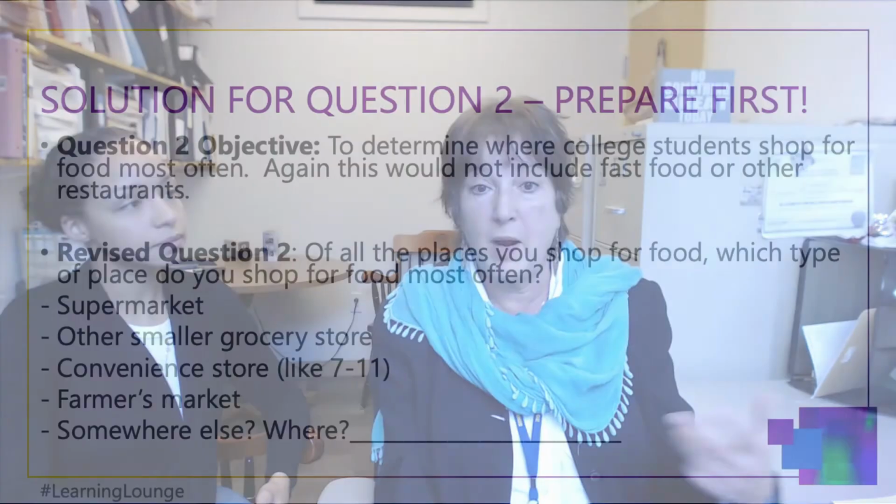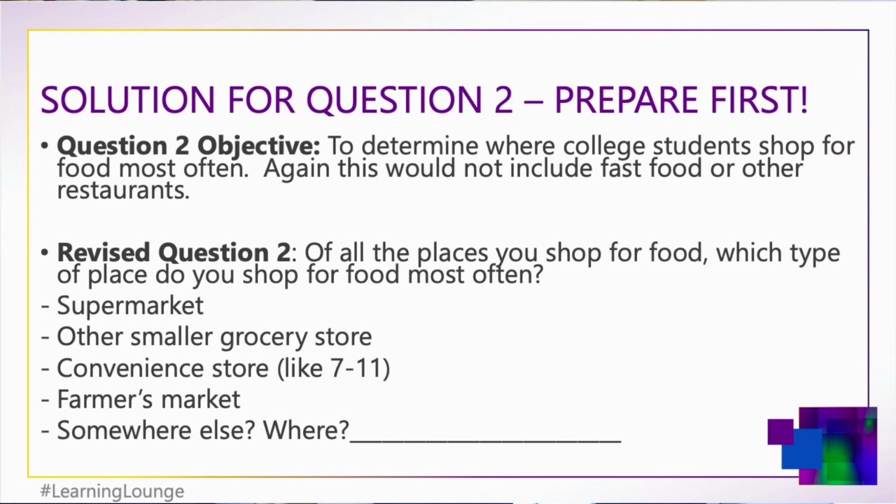What about question 2? Well, question 2 was asking where they were shopping for food. And so maybe the question objective should be to determine where college students shop for food most often. Again, we would clarify that it wouldn't be fast food restaurants or other restaurants where they go and get food.